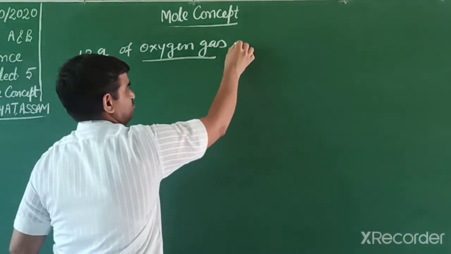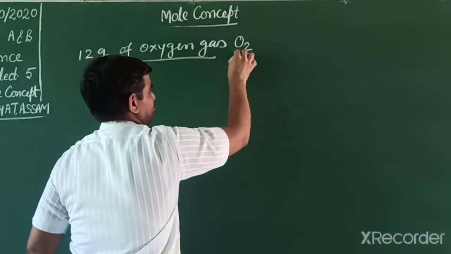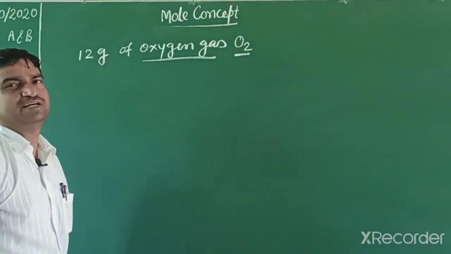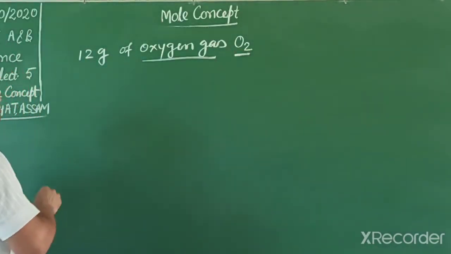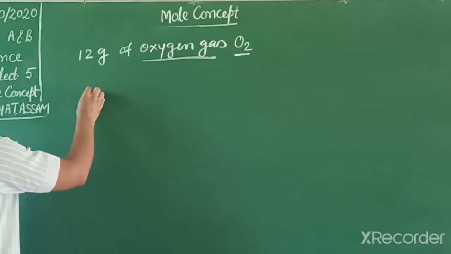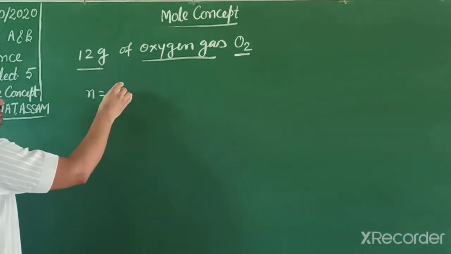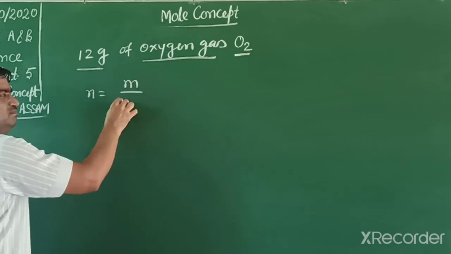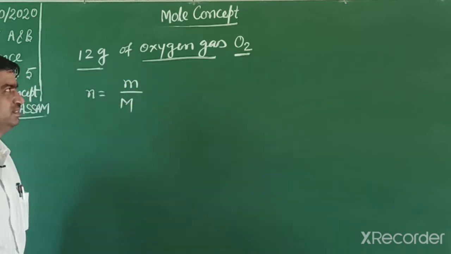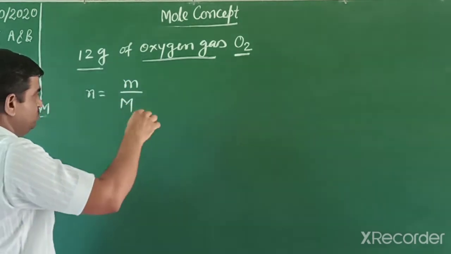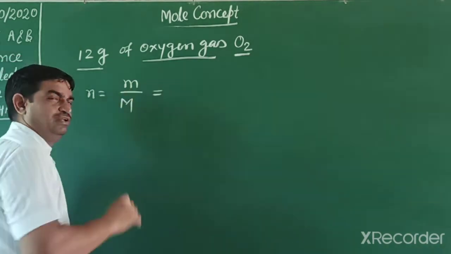So definitely it's found in molecular form. At first we want to find mole. In this given mass, you write the formula n is small m divided by capital M, that is molar mass. Then you substitute the value.